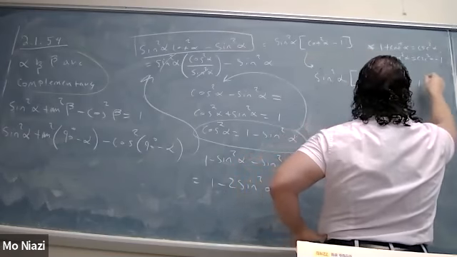Any ideas? We tried cofunction identities. We tried trig identities for the Pythagorean theorem. Any ideas? This is number 54 on 2.1. You're trying to show that this is true, assuming that A and B are complementary.